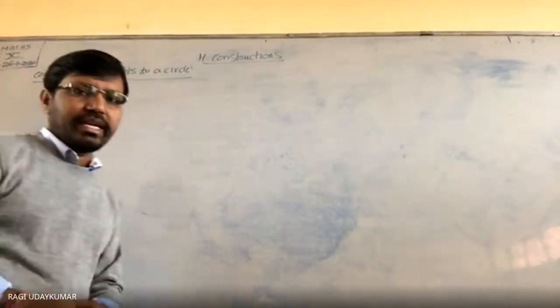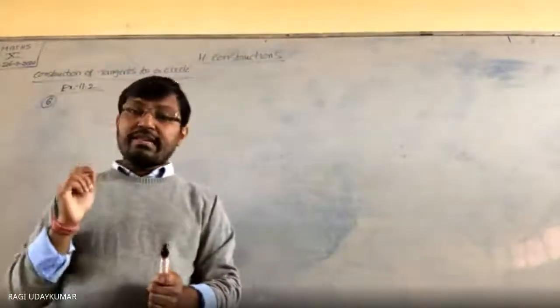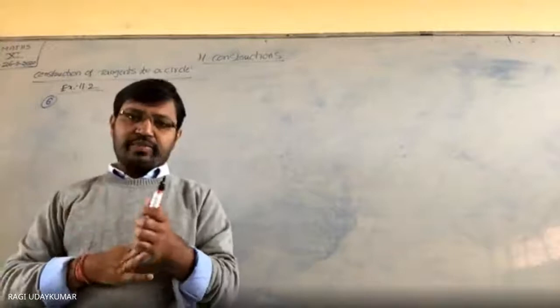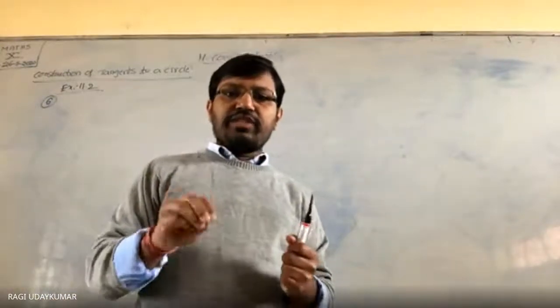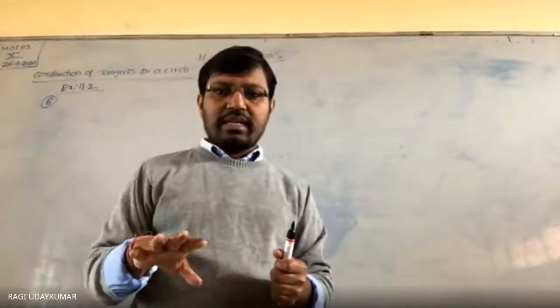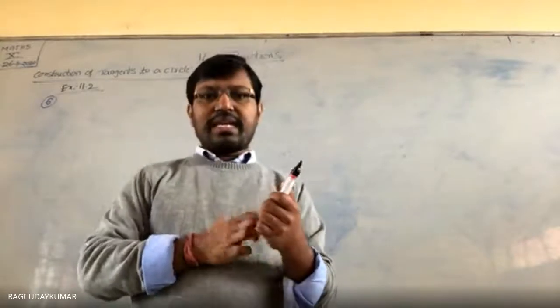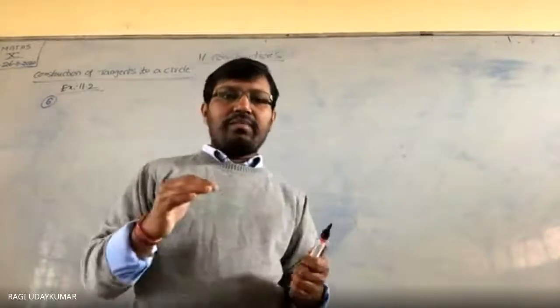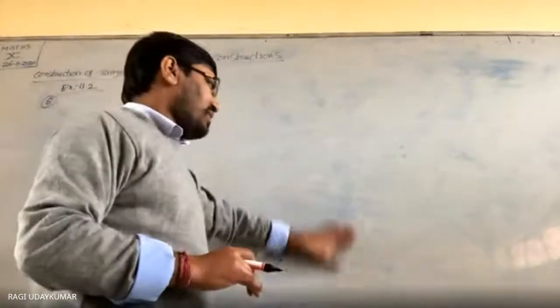So what is the question given here? It's a very important and interesting question, a different question. Let triangle ABC be a right angle triangle in which AB is equal to 6 centimeters, BC is equal to 8 centimeters, and angle B is equal to 90 degrees. First let us read the question completely.